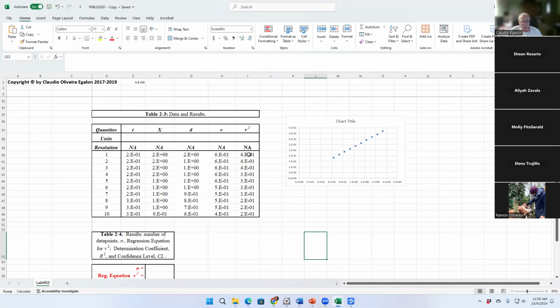For the Mac, you're going to highlight v squared. Press and hold the command key. While you press and hold the command key, you highlight the other column. See if that works now.